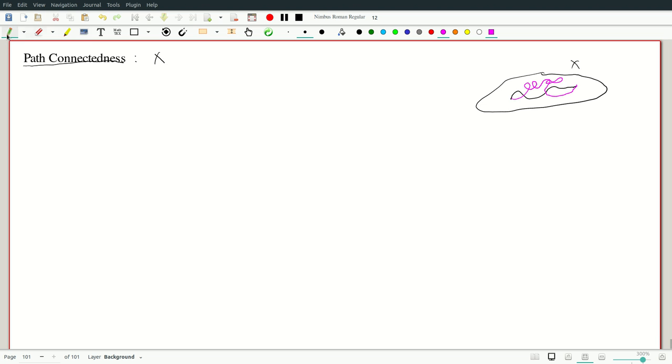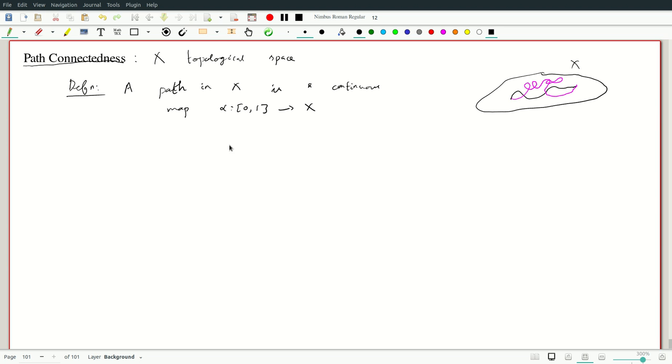So let's take X as a topological space. And a path in X is just a continuous map alpha from the interval [0, 1] to X. It's convenient to always use a fixed domain.